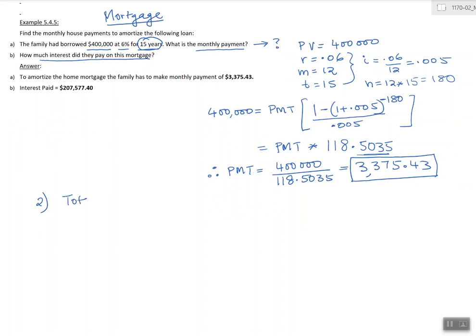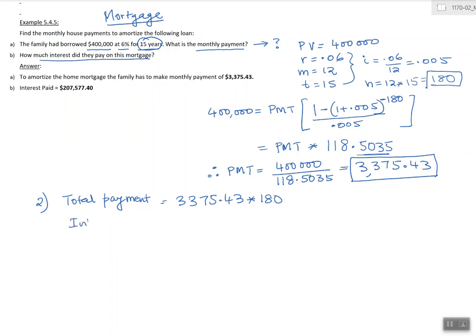So total payment is 3375.43 multiplied by 180 payments. Remember, there are 180 months in 15 years, so they wrote 180 checks.